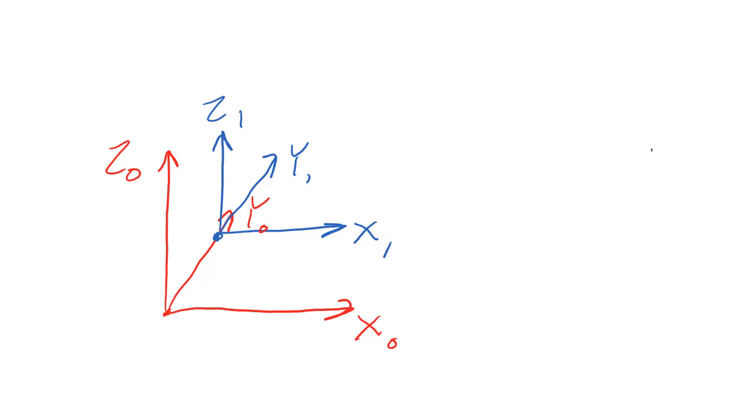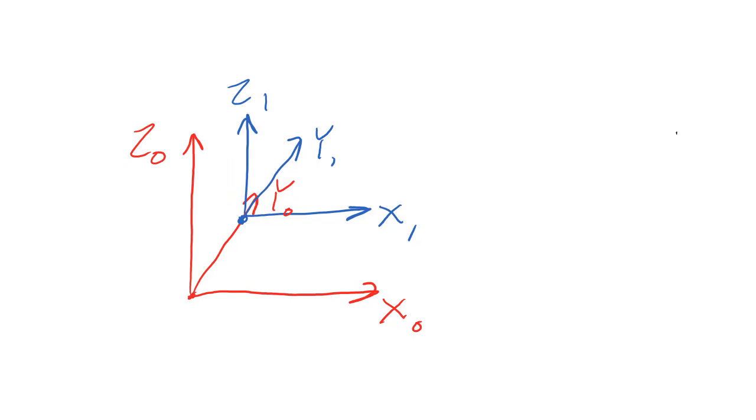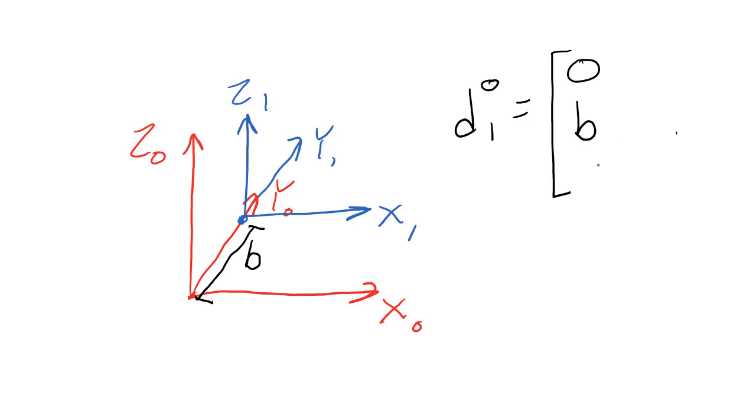Now, suppose that the one frame was instead positioned as shown here. And suppose that the distance here was represented by the value b. The displacement vector from 0 to 1 would now be 0 in the x direction, b in the y direction, and 0 in the z direction.